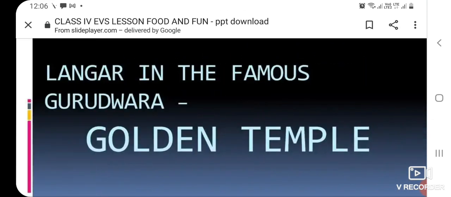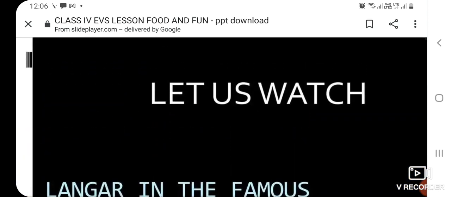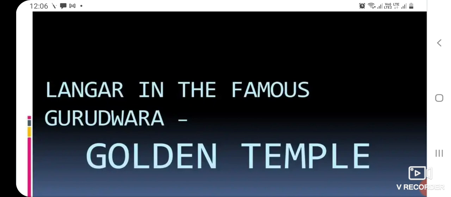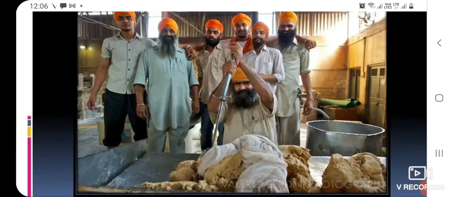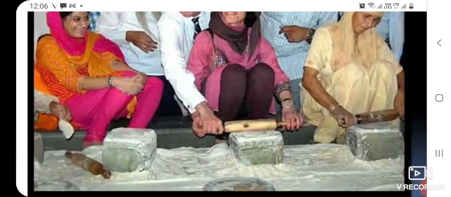Langar is in the famous Gurudwara Golden Temple. So let us watch langar in the famous Gurudwara Golden Temple. See how the dough is made out of which the chapatis will be made. How they are rolling down the chapatis.